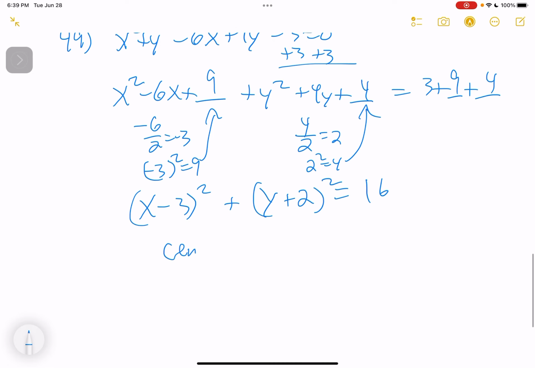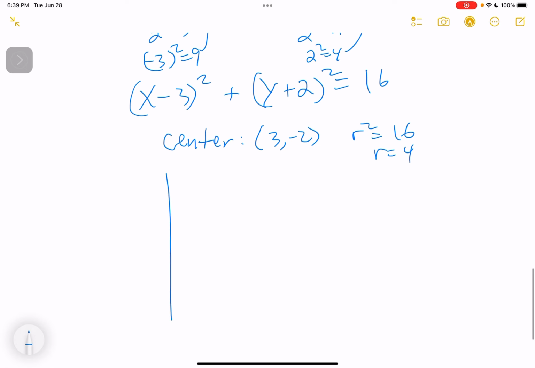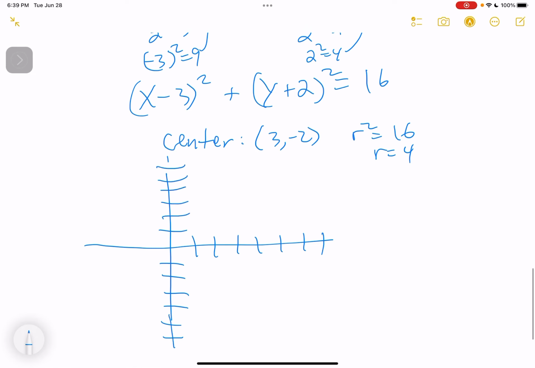So our center in this case is going to be at 3, negative 2, and r squared, the radius squared, is 16, so the radius must be 4. So if we're to graph this one, 3, negative 2 will be right about here, and the radius is 4, so it's 1, 2, 3, 4, 1, 2, 3, 4, go up 1, 2, 3, 4.